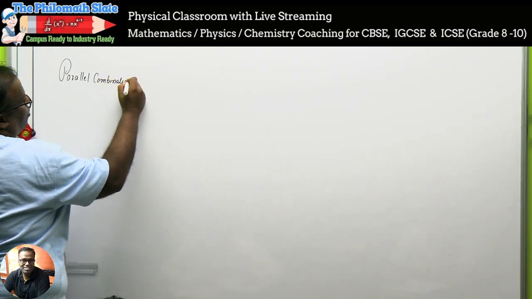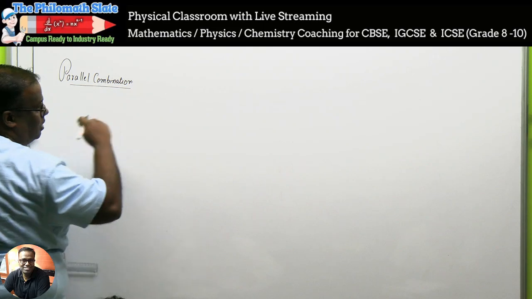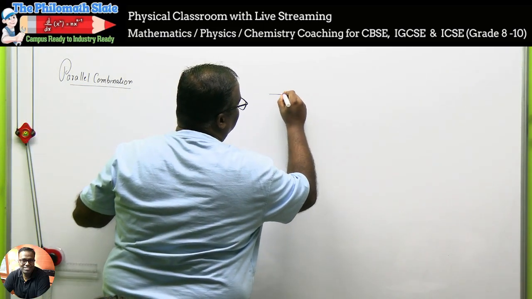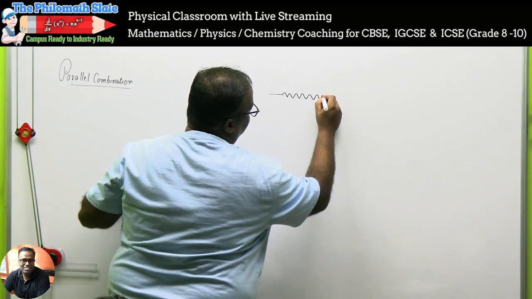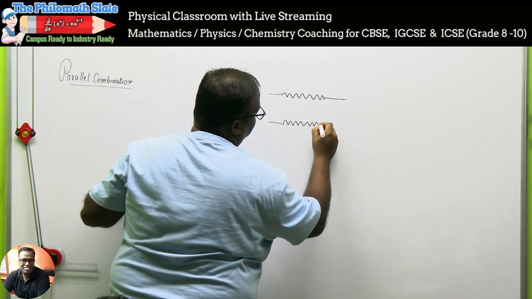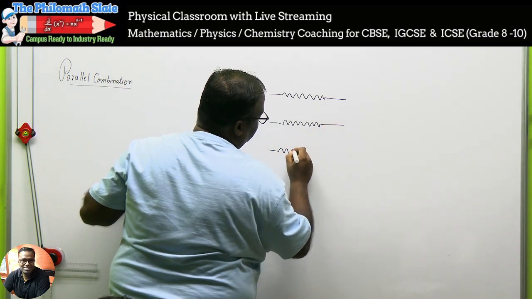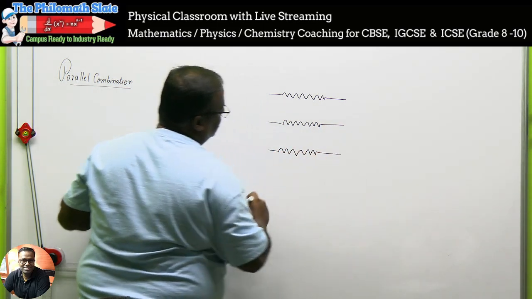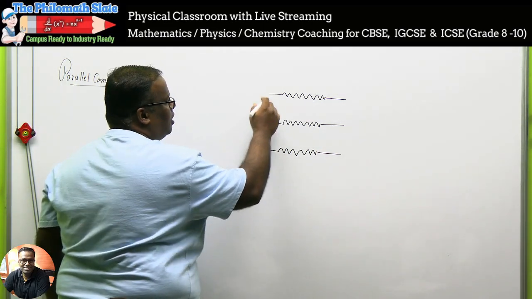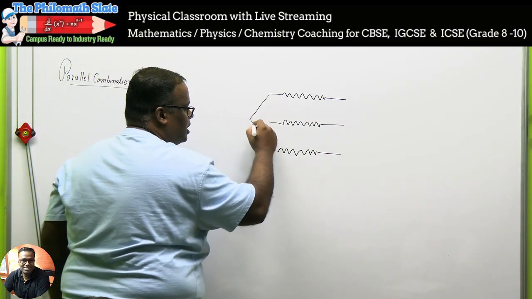Parallel combination is like children going to the assembly, right? Everyone holding the shoulder of one another, with left arm on left shoulder, right arm on right shoulder. So let's say we take 3. You can take n, I have just taken 3. It all remains the same. Parallel means these are all connected together. Now to do it in style, we show the connection in this manner.